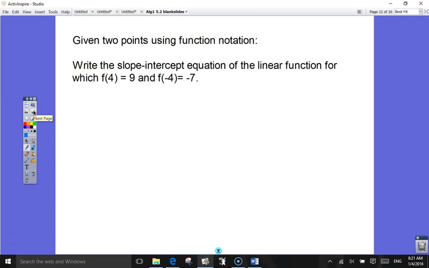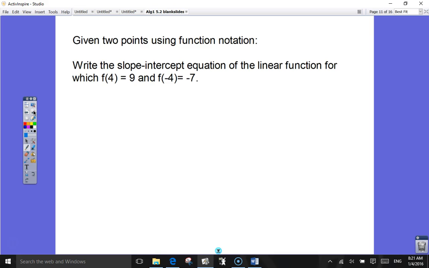Now, again, this is where they keep using this function notation, and we just have to learn how to use this. It is important. What is the xy point that they're trying to tell me if they tell me that f of 4 equals 9? 4, 9, right?